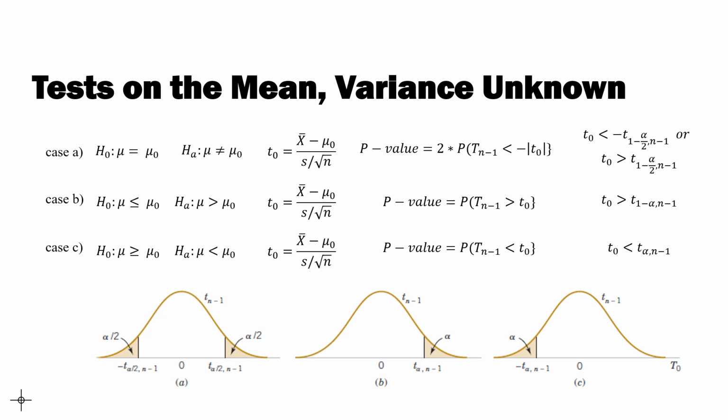The upper-tailed test, case B, is used when we are specifically testing whether the population mean is greater than the hypothesized value, as stated in the alternative hypothesis. In this test, the p-value is calculated by finding the probability of observing a t-test statistic greater than the one we calculated. If this p-value is small, it leads us to reject the null hypothesis in favor of the alternative.